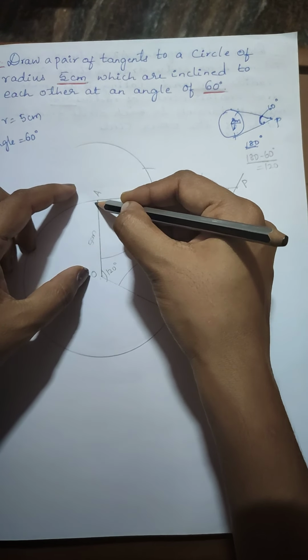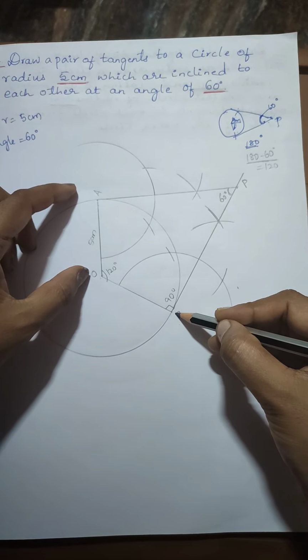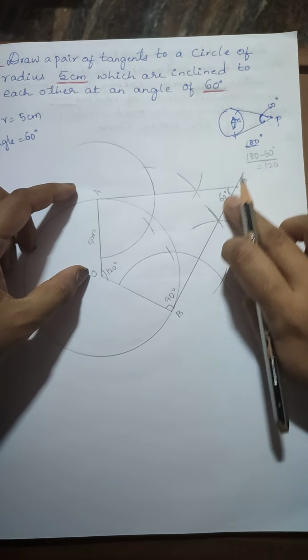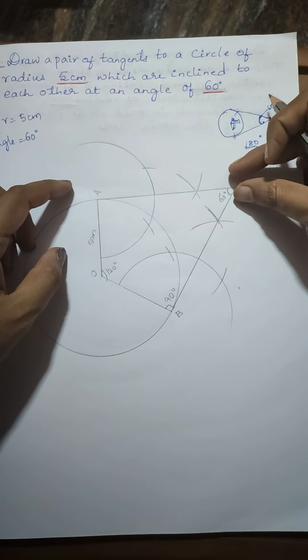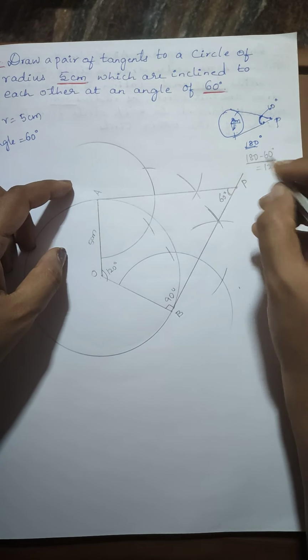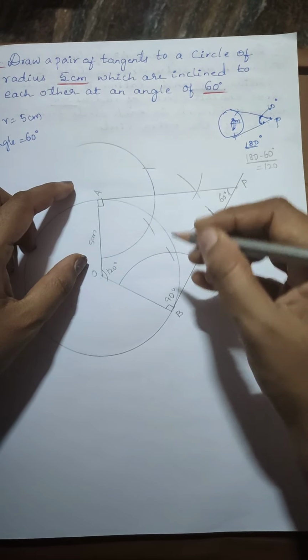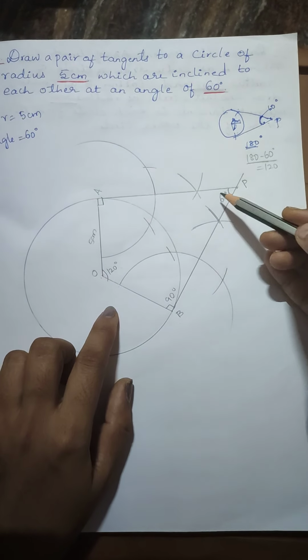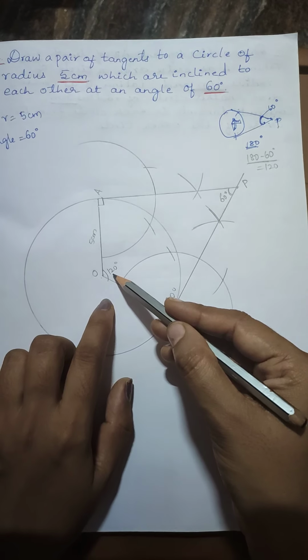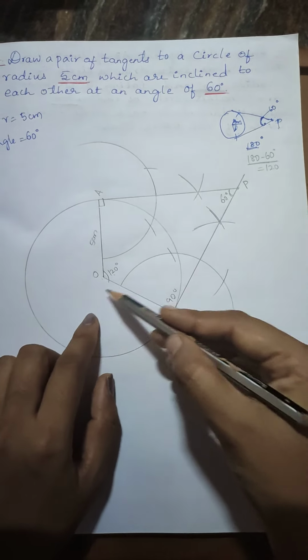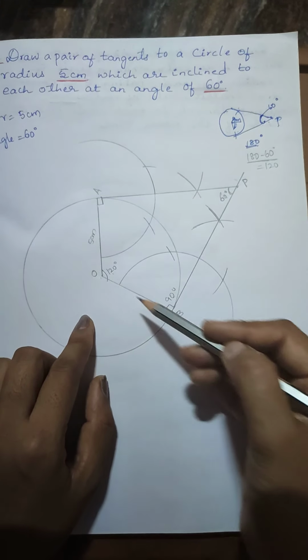And at both A and B, construct 90 degree without using a protractor. That means by using the compass, construct 90 degree and draw a line, and here also you draw a line. Both lines meet at one point. That point is nothing but the external point. Observe here, this is 90 degree, this is 90 degree. 90 plus 90 is 180, 120 plus 60 again is 180, 180 plus 180 is 360, the quadrilateral PAOB.